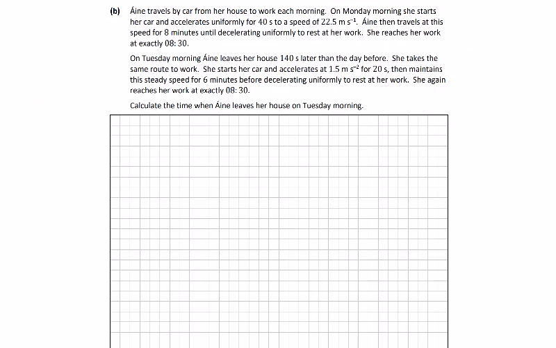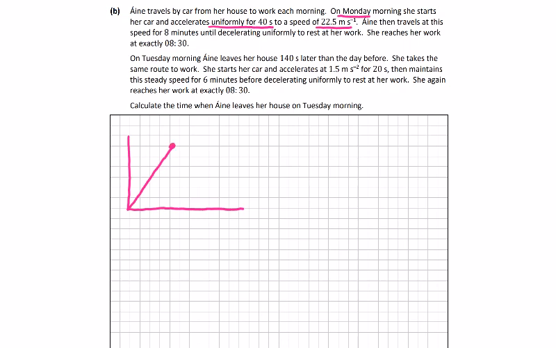In part B, we have distance-time graphs on Anya traveling from her house each morning. So we have Monday: she accelerates uniformly for 40 seconds to a speed of 22.5.